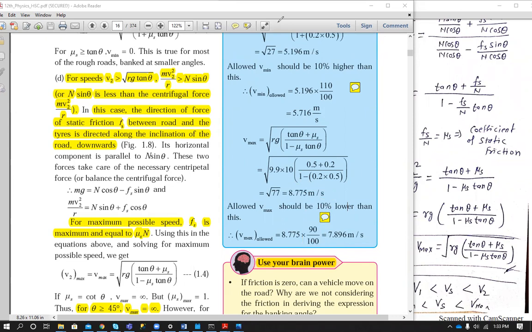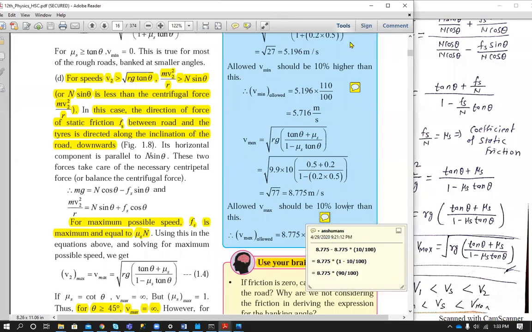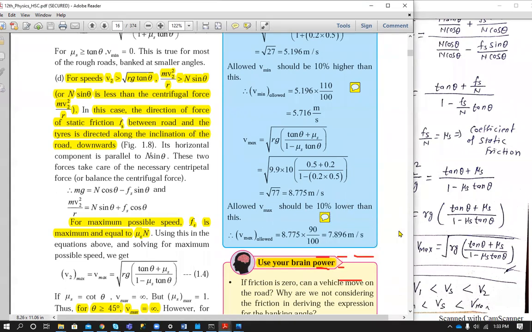Let me show you. In this case, this value you have to minus 10%, so 8.775 into 10 by 100. Just take it as common: 1 minus 10 by 100. If you cross multiply, you will get 90 by 100. That's why you multiply by 90 by 100 for lower.